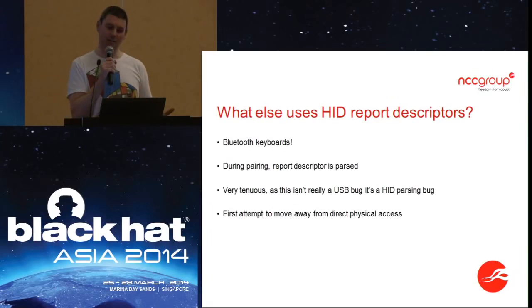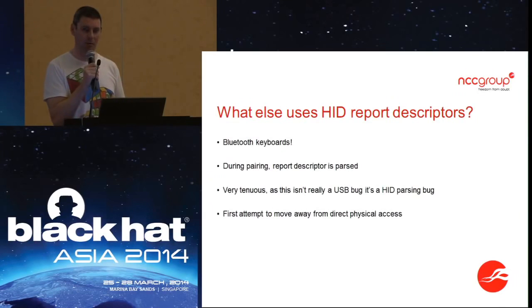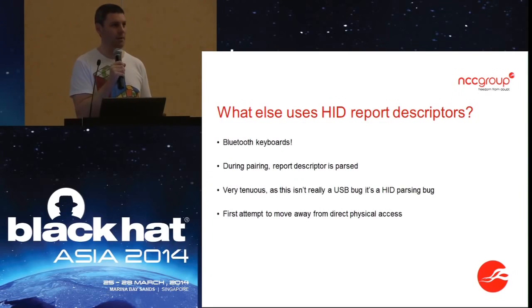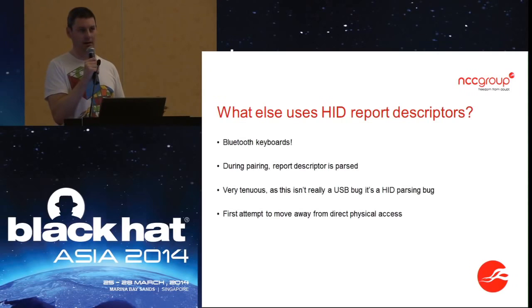So I was thinking, what else uses HID report descriptors? Well, Bluetooth keyboards do, and I thought, well, surely Microsoft wouldn't have a separate HID parsing routine for Bluetooth keyboards and for USB. So maybe this bug that I found in USB would also be valid for Bluetooth.